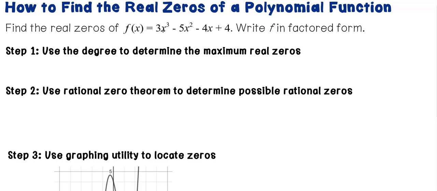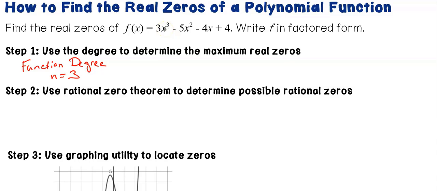So first off, we want to use the degree to determine the maximum number of real zeros. And the degree of the function is n equals 3 because our highest degree is 3.